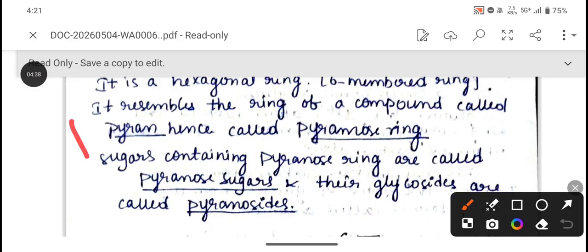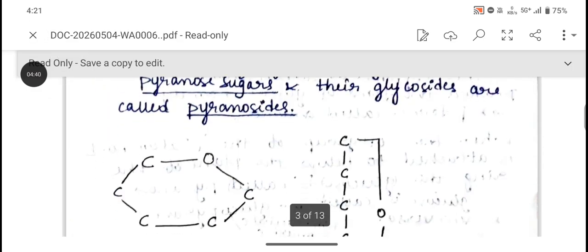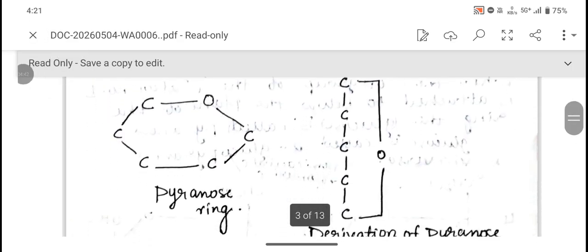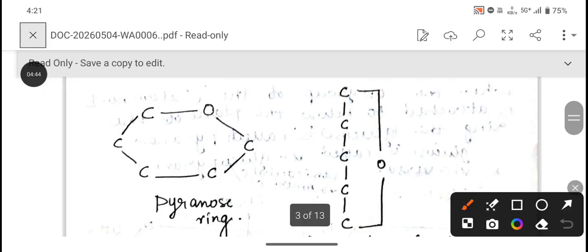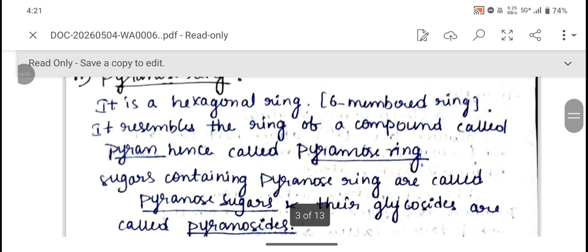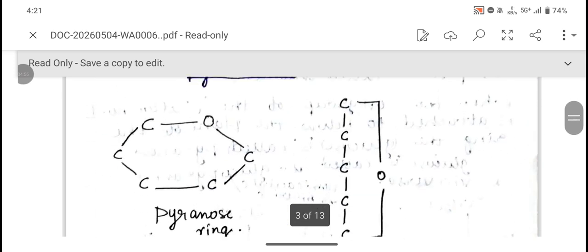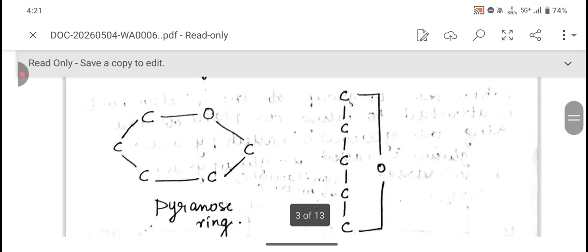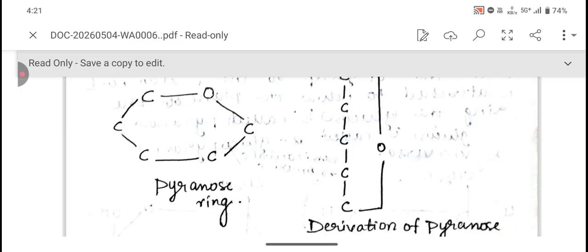If you observe the structure here, this is the pyranose ring, a 6-membered ring.